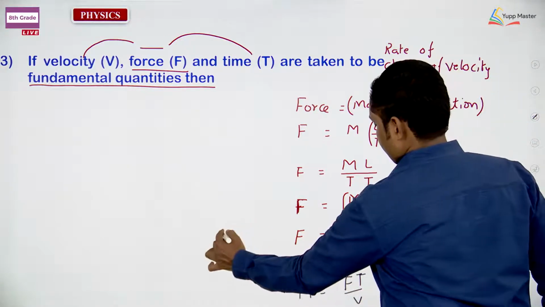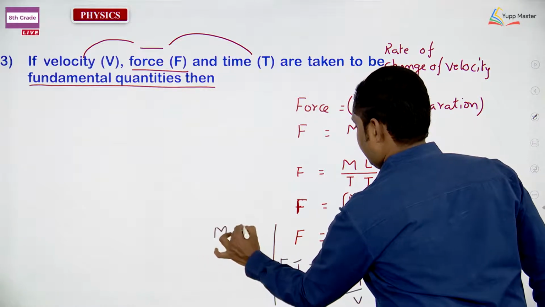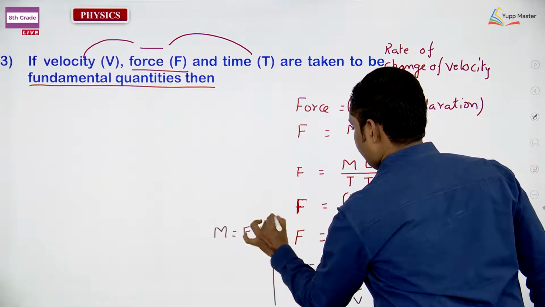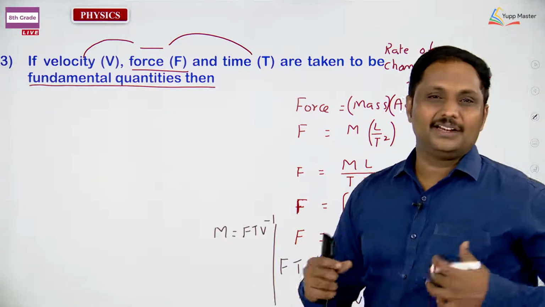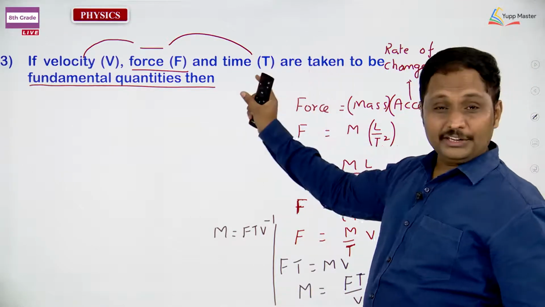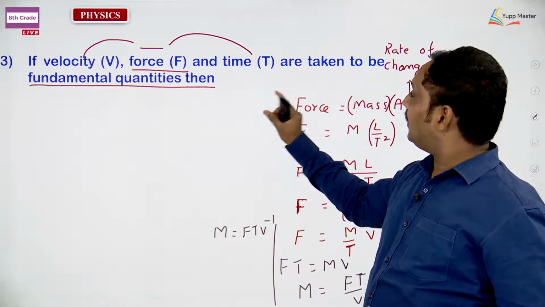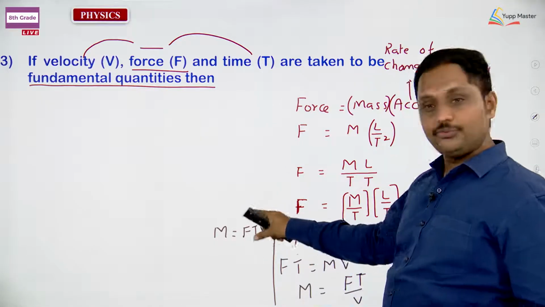What we have obtained, therefore, m is equal to Ft v minus 1. So this is very clear. They are given that the fundamental quantities are going to be v, F, t. Okay, you are going to express that mass in terms of this one.